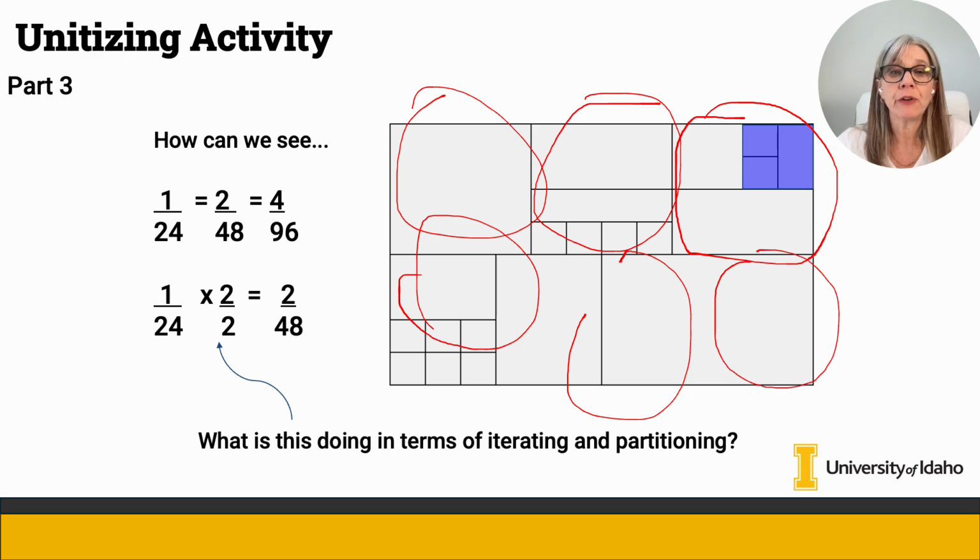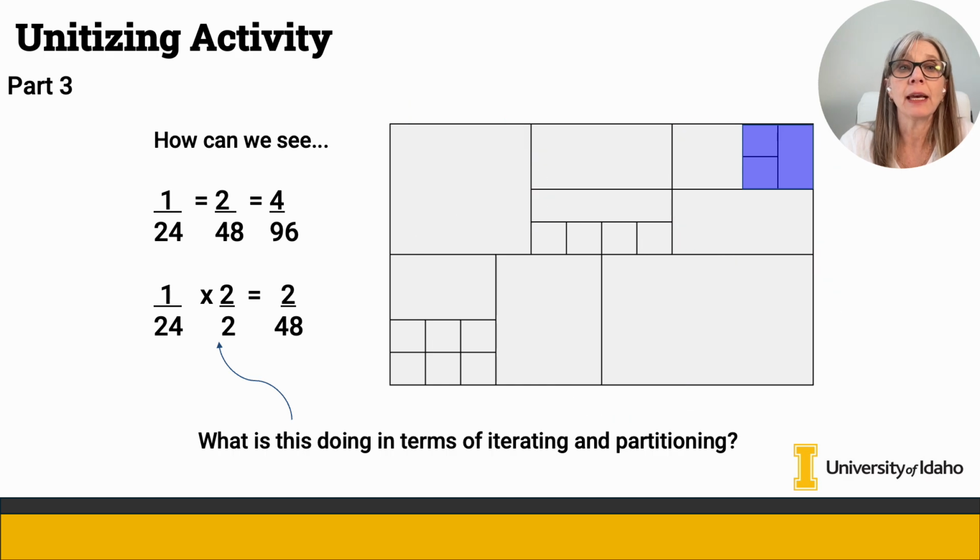But if we partition further, that blue area is also 2/48. We've doubled the number of unit pieces that it takes to fill the whole. So right here, 2 of these, I believe this is 2/48. So we need twice as many of them. We're looking at the small squares, these ones.